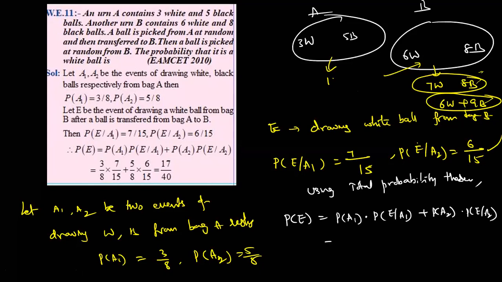That is the question. So P of A1 is how much? 3 by 8. E by A1 is how much? 7 by 15. P of A2 is how much? 5 by 8. E by A2 means 6 by 15. To simplify, the answer is coming 17 by 40. That is the answer, the probability of getting a white ball.